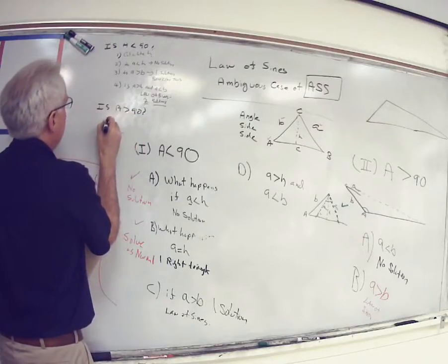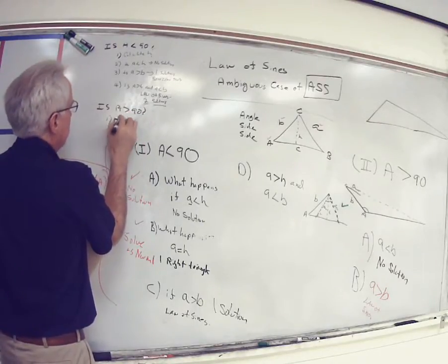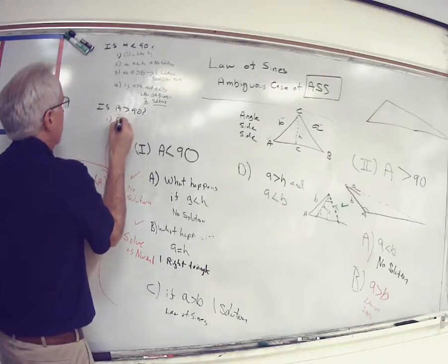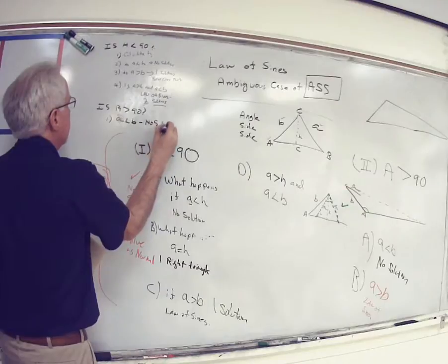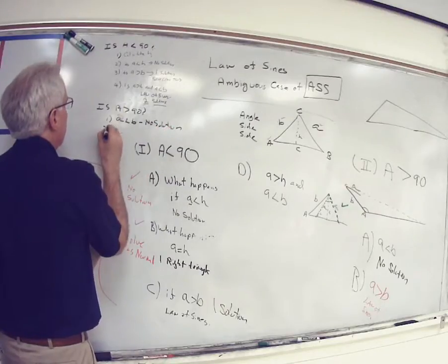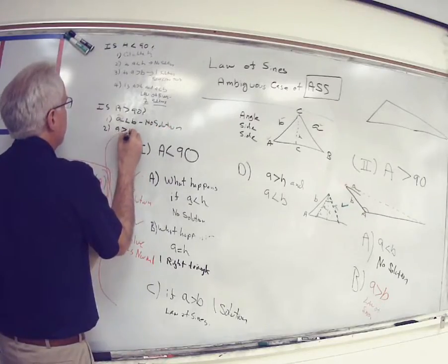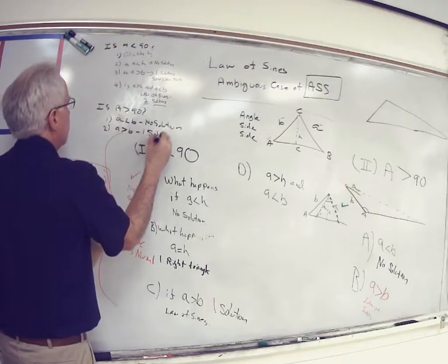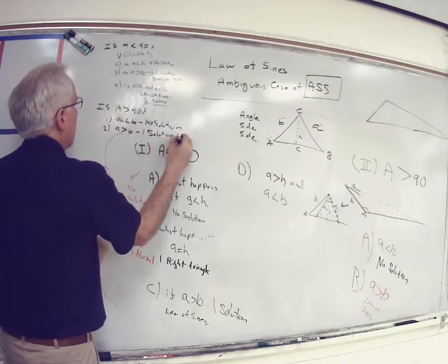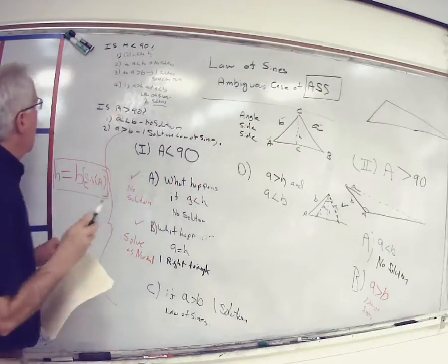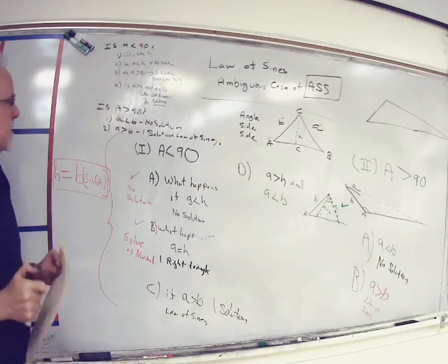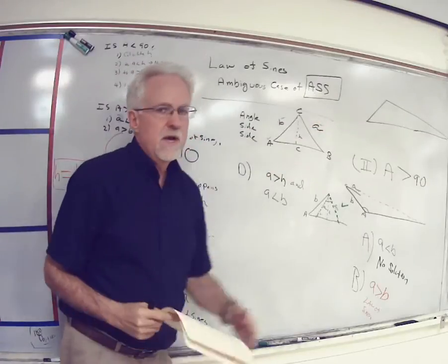If little a is less than B, no solution. If A is greater than B, one solution from the law of sines. So how many different possibilities are there when you have an angle side-side?